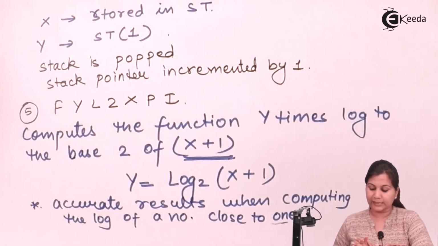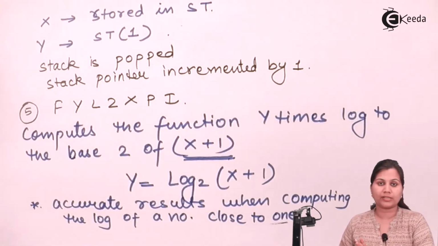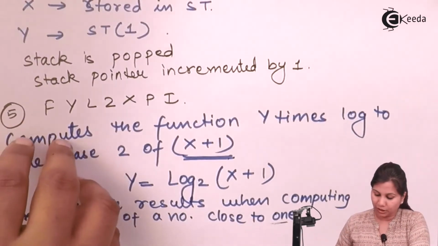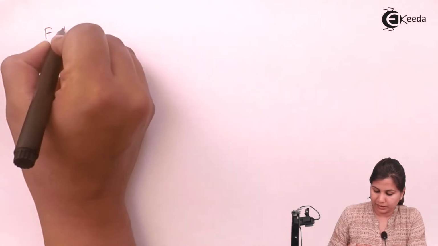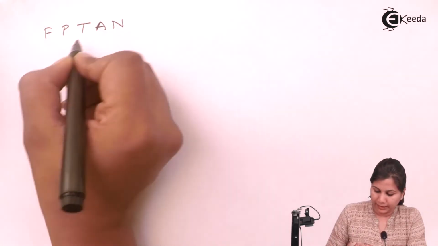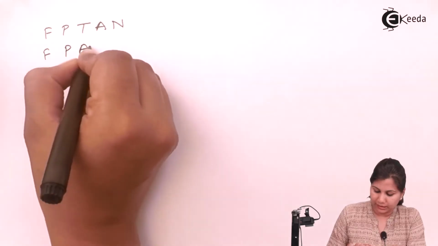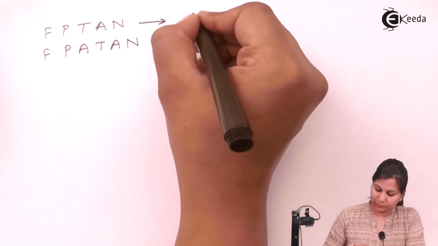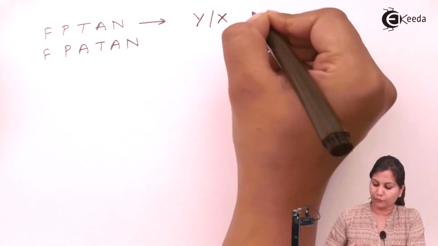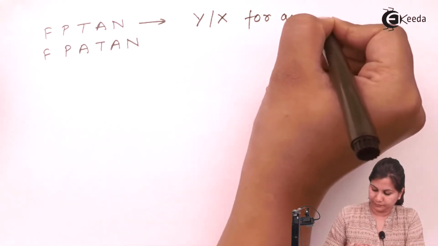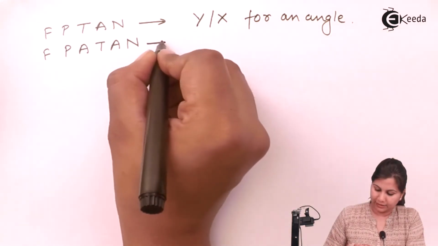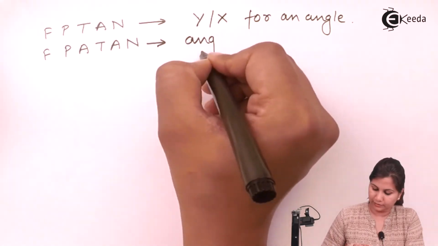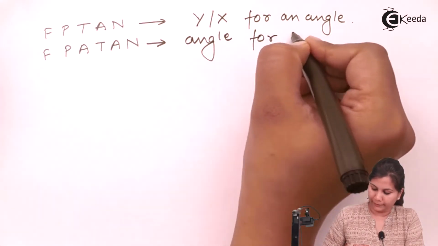So these are the exponential and the trigonometric instructions present in the 8087 coprocessor. Let's summarize these instructions. We studied the instructions FPTAN and FPATAN. The first instruction was calculating the ratio y by x for an angle, and the second instruction is calculating the angle for y by x.